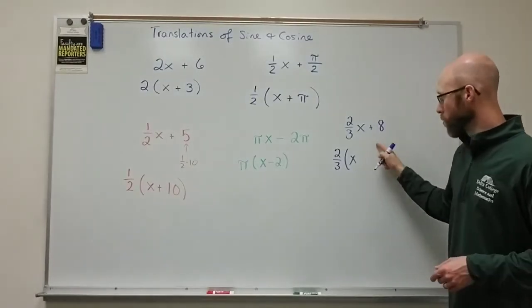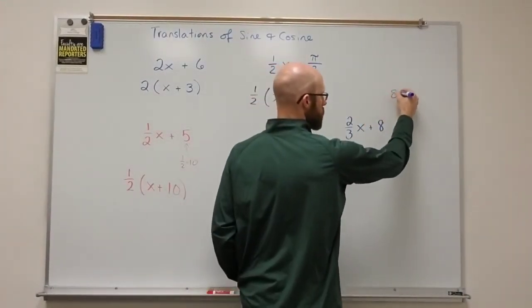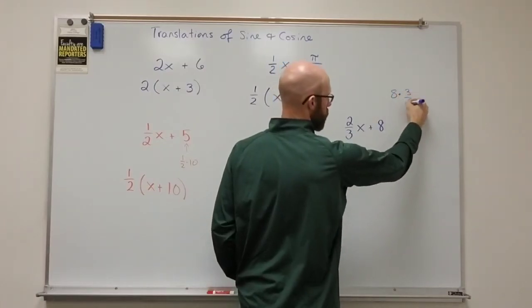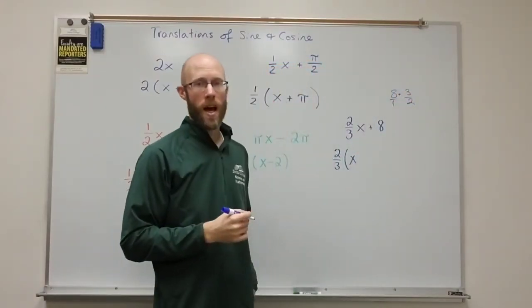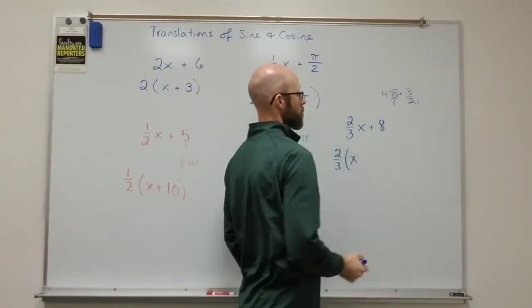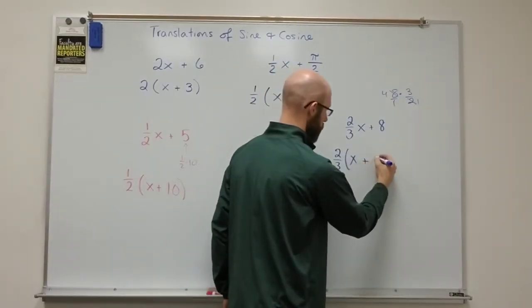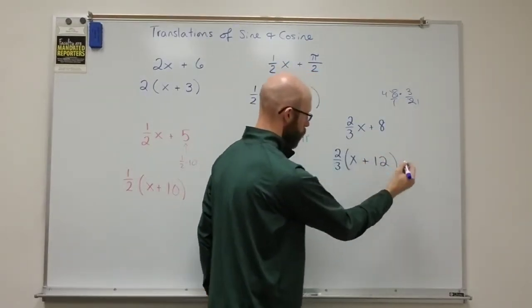Okay, and that would give me the remaining term. So what is 8 times 3/2? Well, 8 over 1 times 3/2, the 8 and the 2 reduce to 4 and 1, and you end up with a 12. So you get x plus 12.